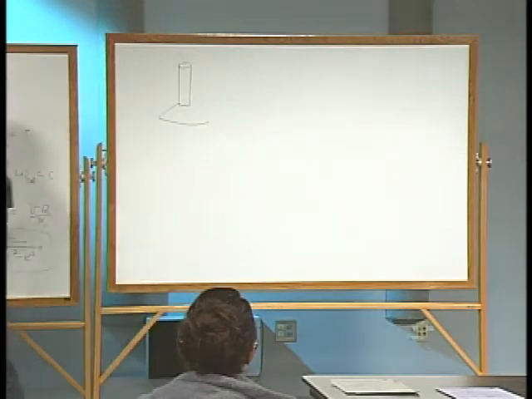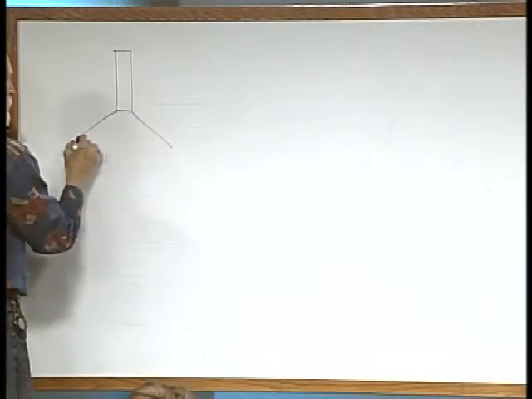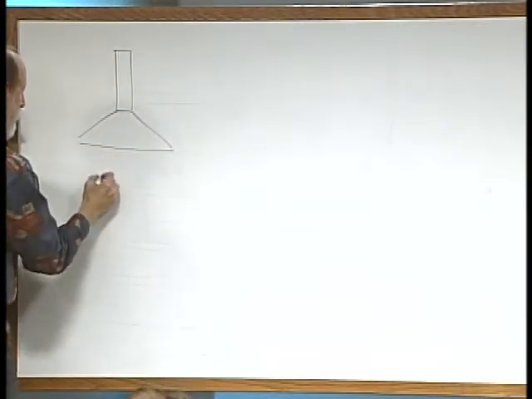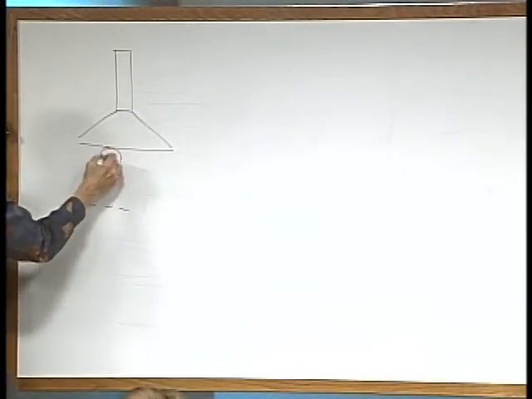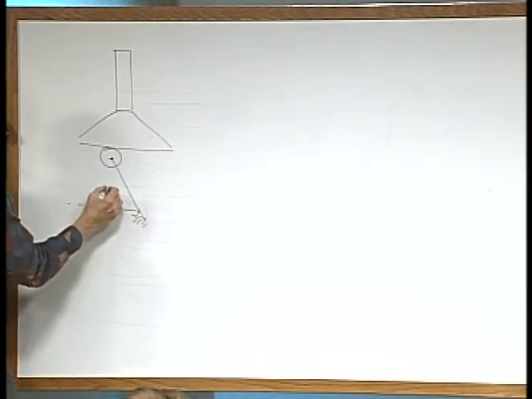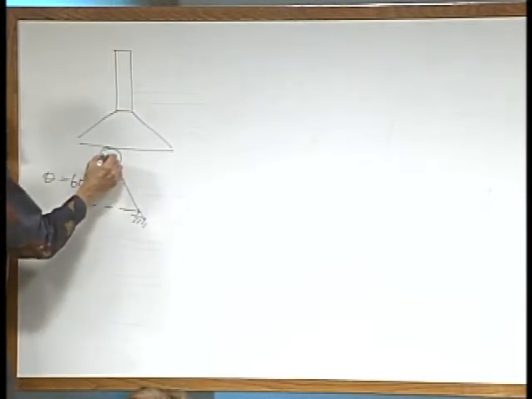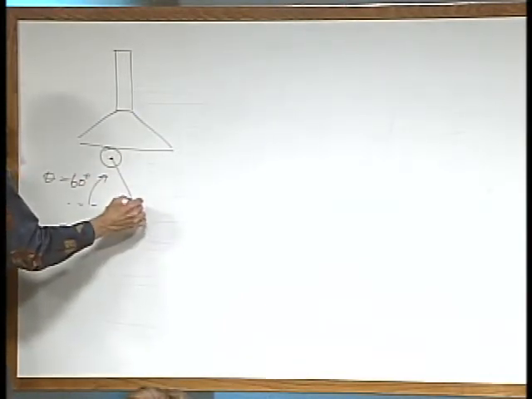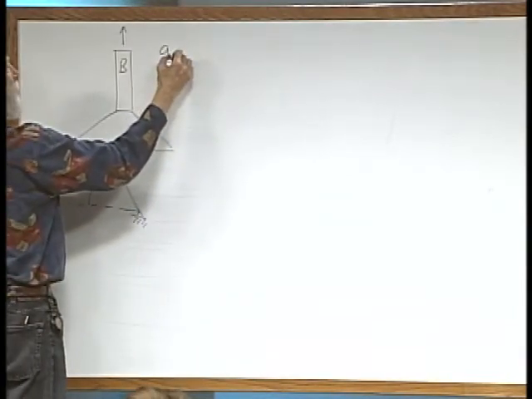I'll just draw the surface here, just make it a side view. 60 degrees was off of the horizontal, so it's got a 60-degree angle for theta. We've got some geometry given to us on this. And then this is B, and it's forced to move vertical, and we're looking for the acceleration of B.